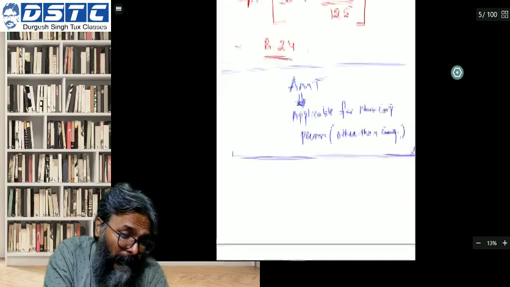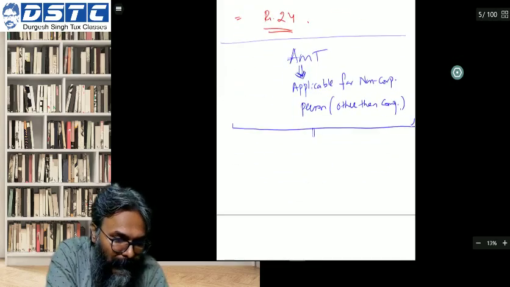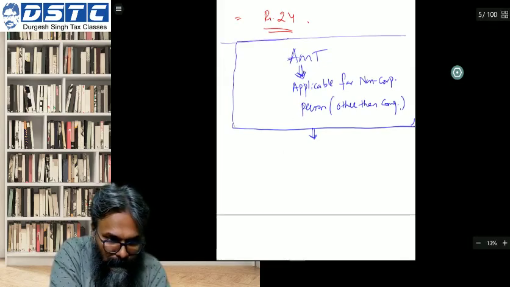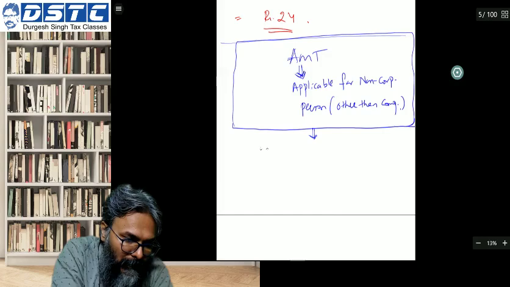Fine, students. Now what is the situation for this other than a company? So students, the point goes like this for them. Now they will make two workings.